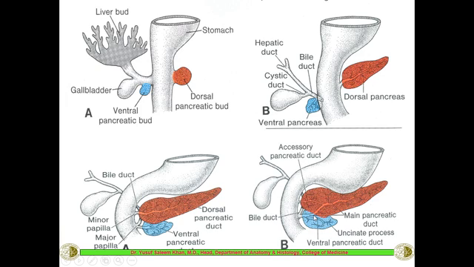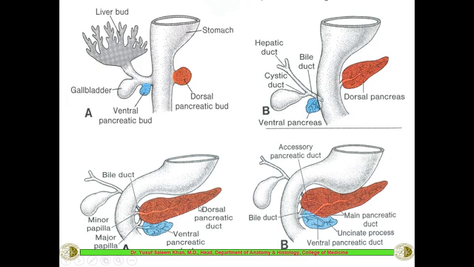Then it joins with the ventral duct, and it opens into the second part of the duodenum through the major duodenal papilla, and the remaining part of this dorsal pancreatic duct becomes smaller, regresses, and now this becomes the accessory pancreatic duct.